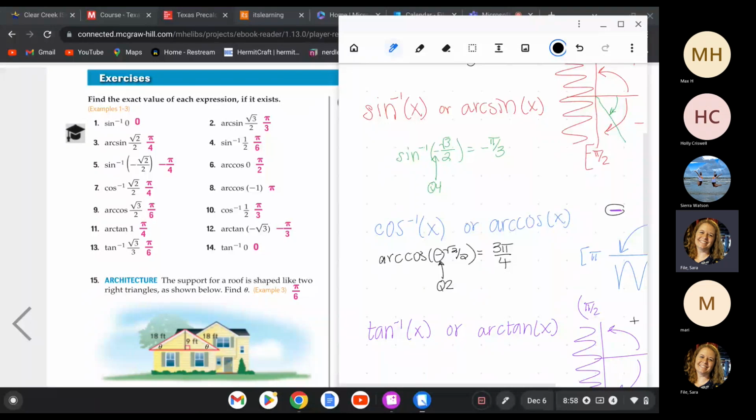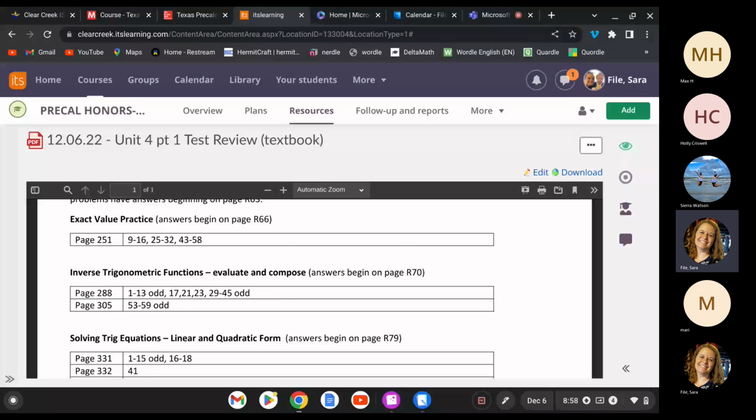So does that first section make sense? Those straightforward ones, the ones that aren't compositions? Yay, nay? Yes. Okay. All right.